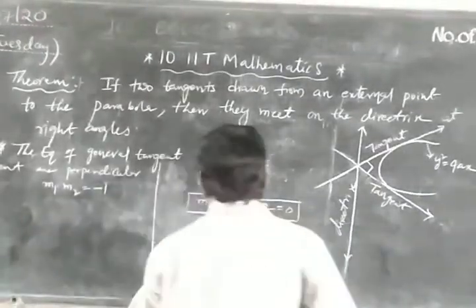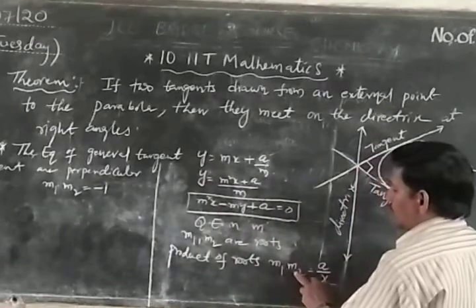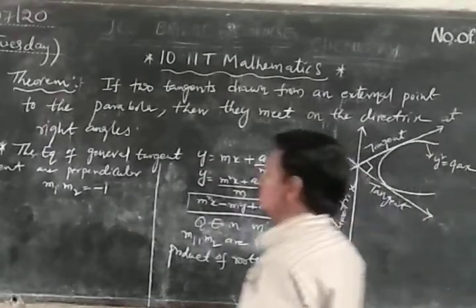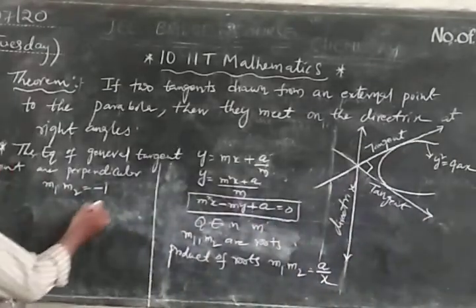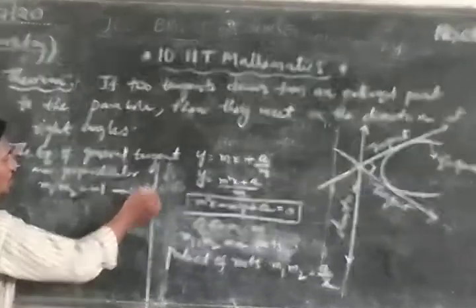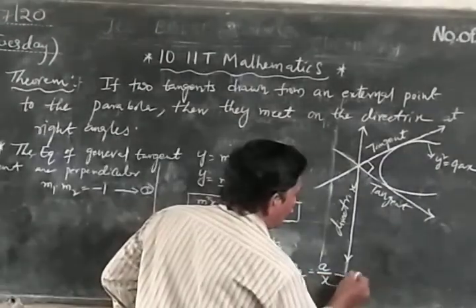So what we got? The product of the roots m1 dot m2 equal to minus 1. This is equation 2, this is equation 1.